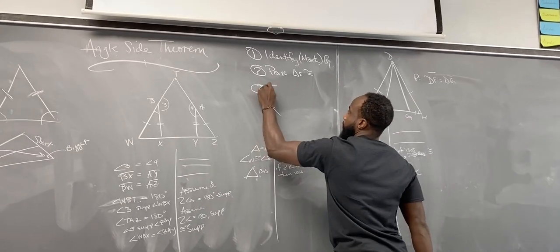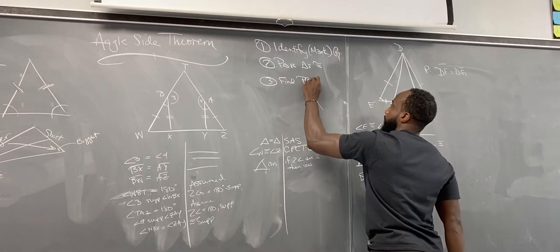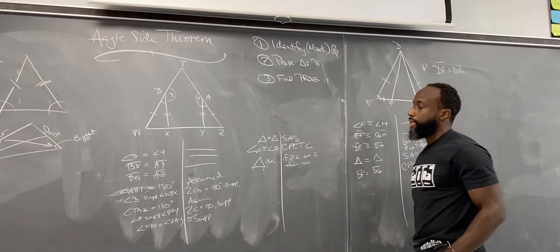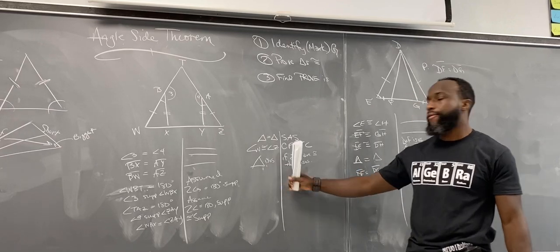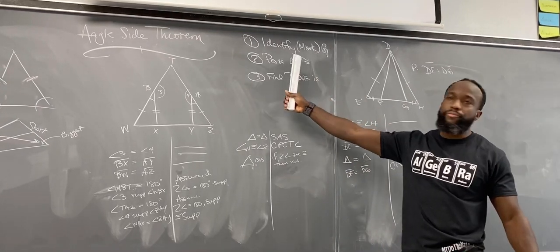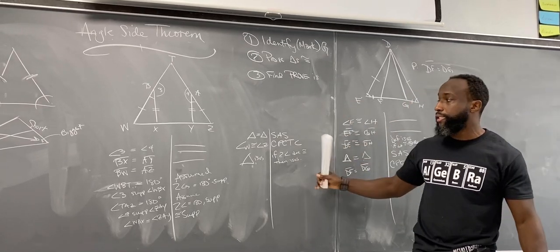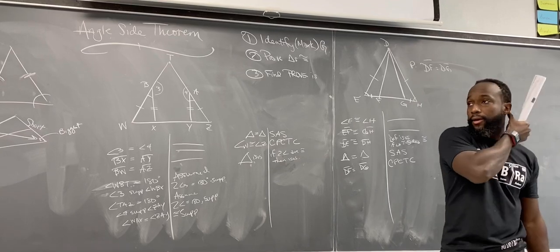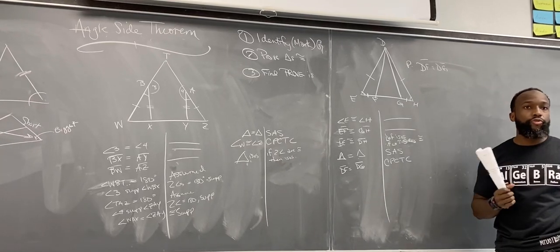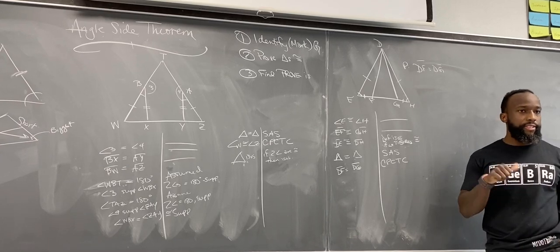Then third, find whatever your proof is, because once you find your triangles congruent, then everything else takes care of itself, right? You cannot do CPCTC until triangles are congruent, all right? Then you figure out what your proof is, okay? Feel a little bit better seeing it the second day?